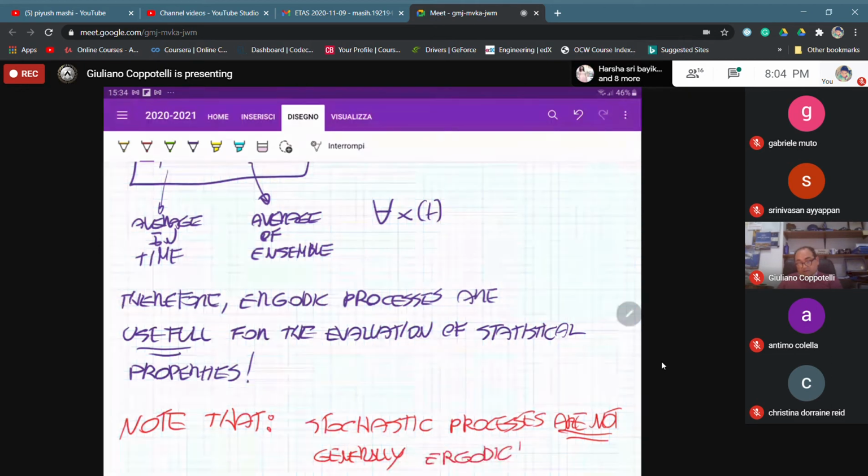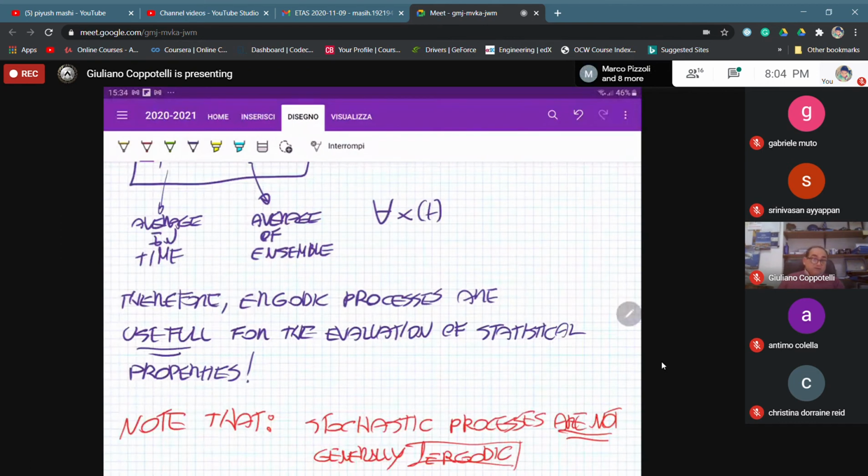That is, we can't confuse the time average with the ensemble average. If we can't do that, then there is nothing we can do; we have to take a lot of experiments.